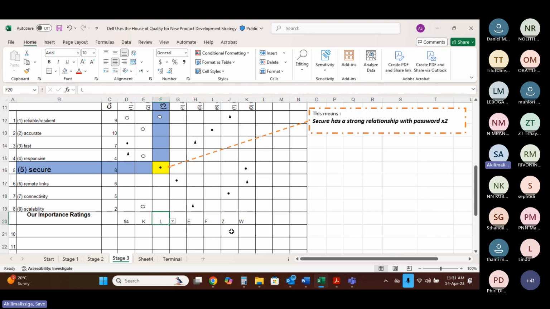That highest rating will be the point of focus of the company in terms of sourcing the raw materials and all that. So that will be the point of interest. But at your level, once you have done this, you don't need to say anything else, because these are the numbers that we can see at the end. So that's how you calculate our importance ratings.